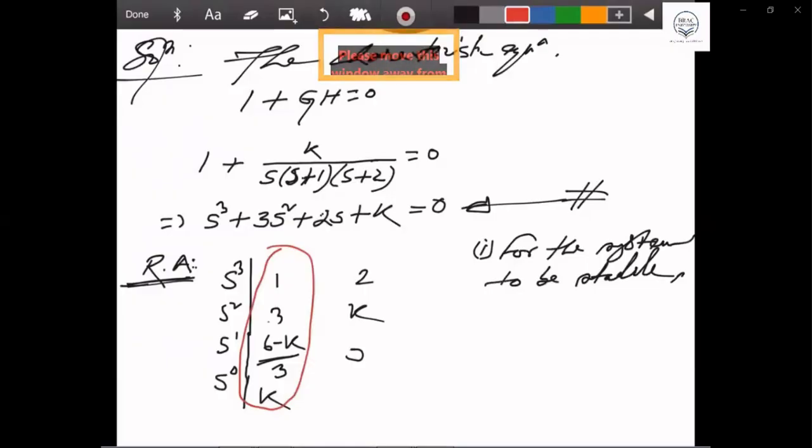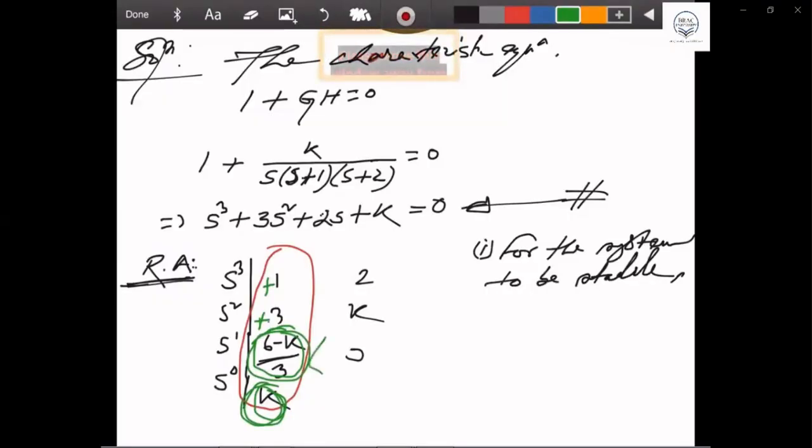If I say no sign changes, then what will happen? The first one is positive, right? Yes, sir. Then the other two, this one and this one, you don't know about them. If we want no sign changes, then what should their value be?